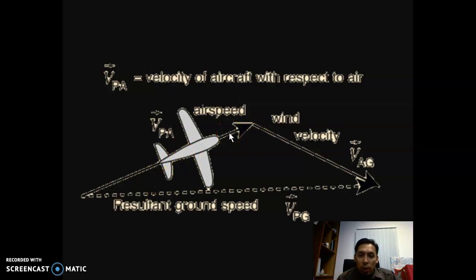If there is no wind, the aeroplane will go straight like this. Because now we have wind, the aeroplane moves like this while being pushed by the wind, which gives us the result of this direction. So basically, this is how to make sense of the summation of vectors.